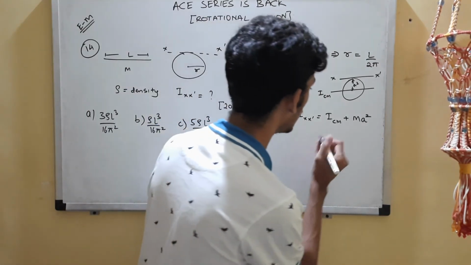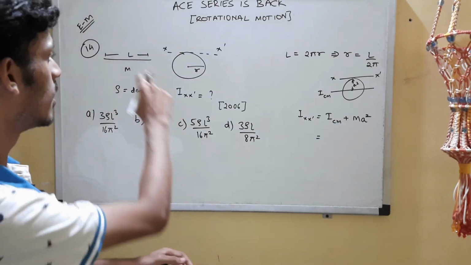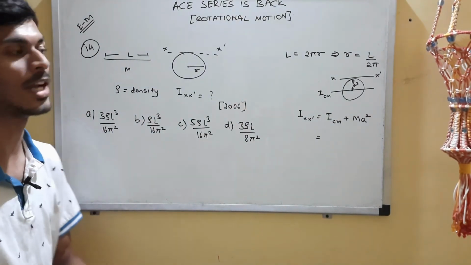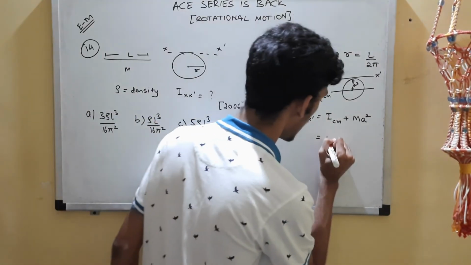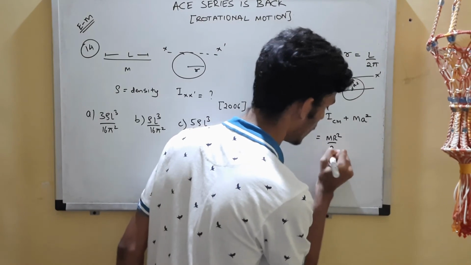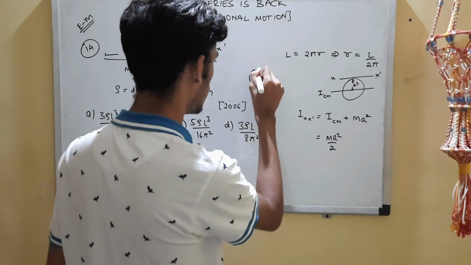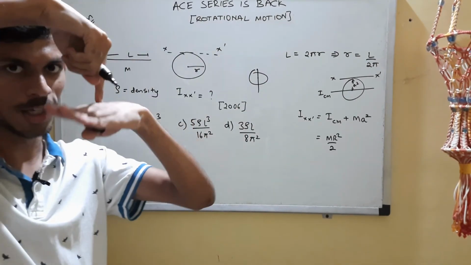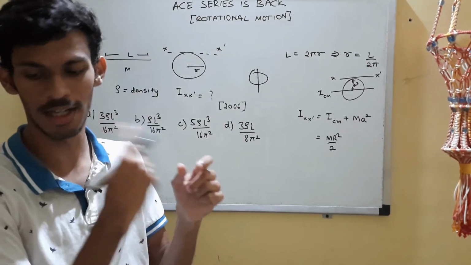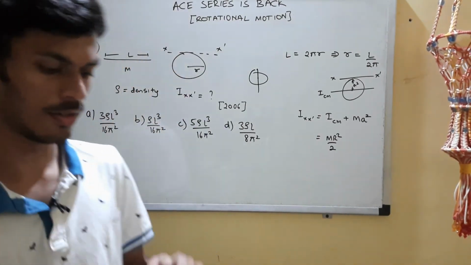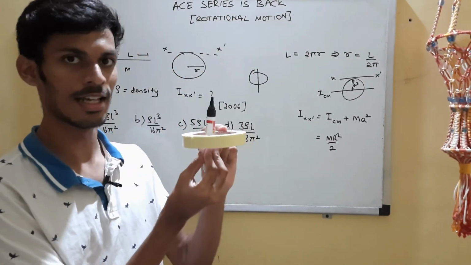First of all, you are supposed to know that the moment of inertia about this axis, passing through the diameter of a ring, is given as mr square by 2. Remember the small things. The moment of inertia for a ring passing through the center of mass and perpendicular to the plane of the ring, if the axis is like this, it's mr square.